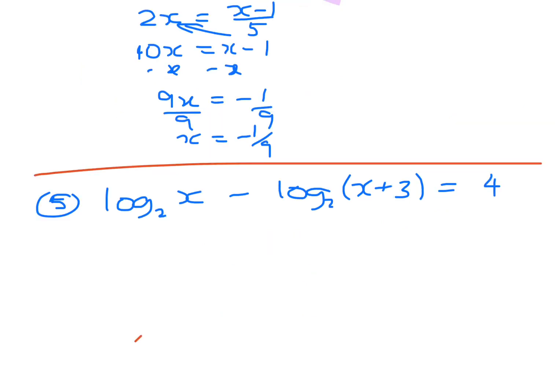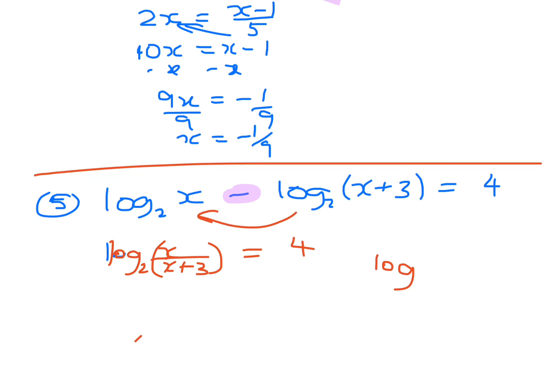Okay, so now looking at this one here. We've got a minus in the middle. So when we're figuring this one out, I'm just going to get a different colour. I'm going to go log 2 of x over x plus 3 will equal 4. So you group the logs together, so you can write it as one whole log.